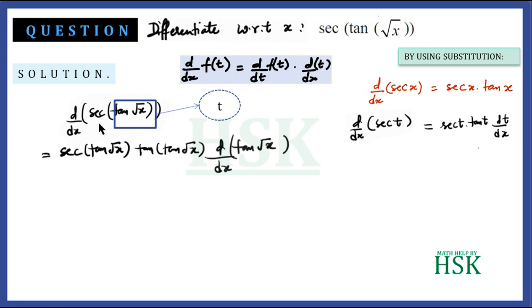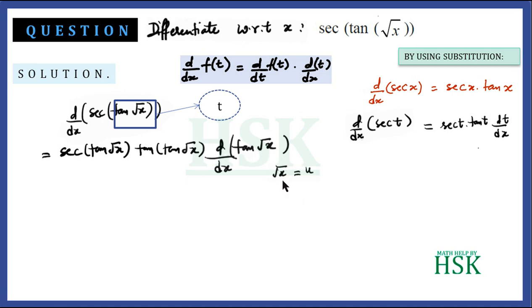So we can write differentiation of sec of tan of root x as equal to sec of tan of root x tan of root x into d by dx of tan of root x. So here in this result we have replaced the value of t as equal to tan of square root of x. Now further we have to differentiate tan of root x.